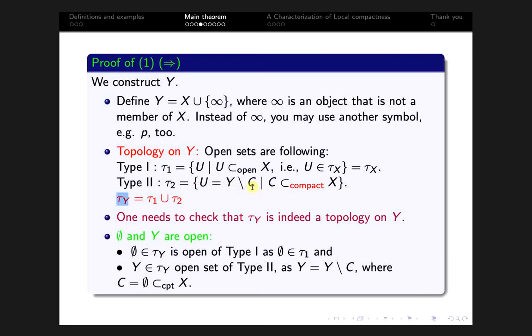So here we consider C equal to empty set, and that is a compact subset of X, and Y minus empty set, that is equal to Y. So full set Y is in tau 2. So full set, this is an open set of type 2.